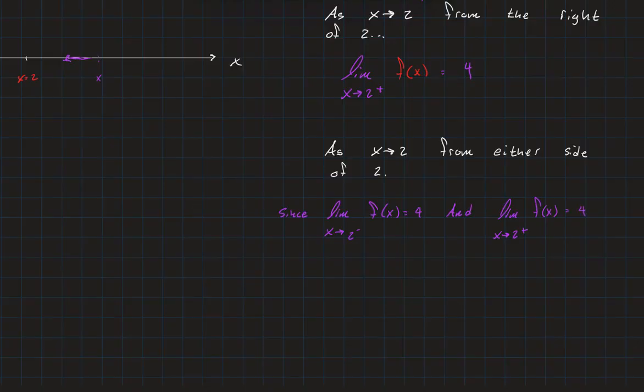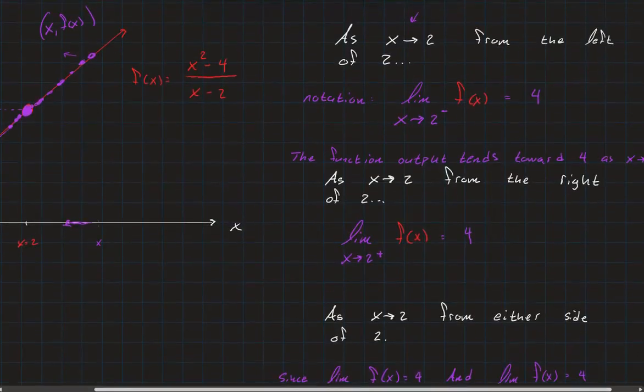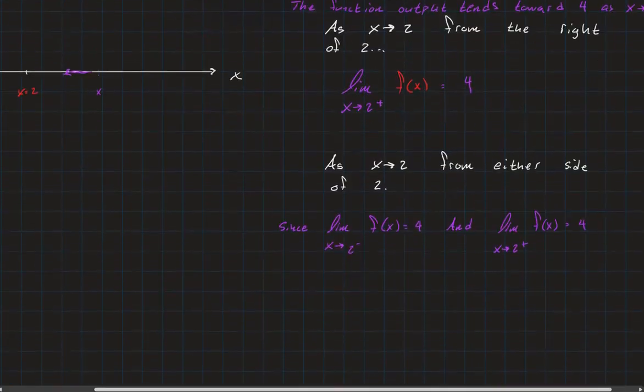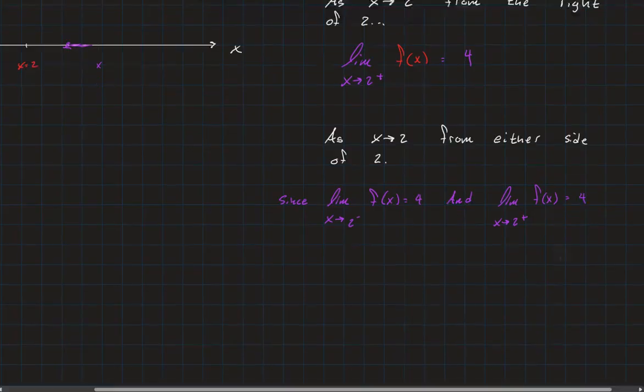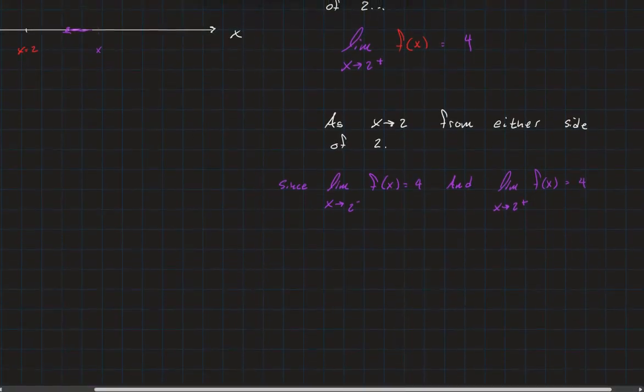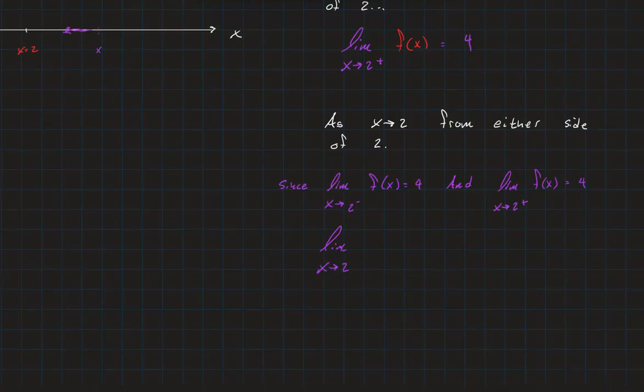So the left-handed limit, we call this up here a left-handed limit, and this is a right-handed limit. Since the left-handed limit and the right-handed limit are both 4, we can generalize and say the limit as x approaches 2 of f of x is equal to 4.